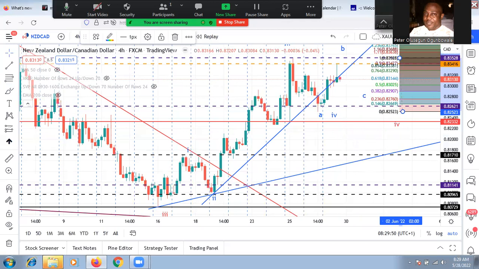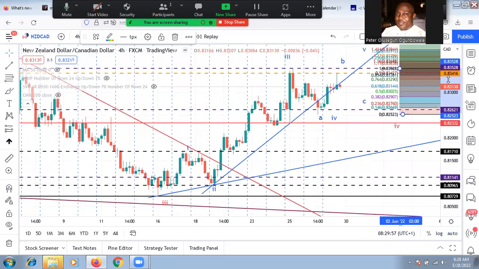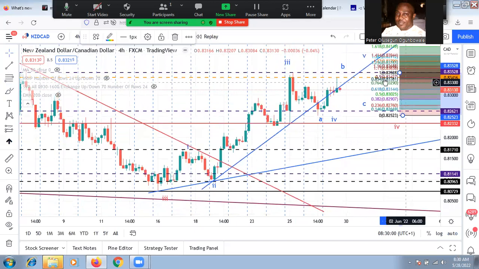So if that happens, it could be a 100 or 123. So let's see where price is going to get to. If it's going to be a 100 or 123, let me now use this. It is 100. So it's 123 that we're looking at now. So it's going to be a 100 of it. Yes, 100 of it will actually be here.